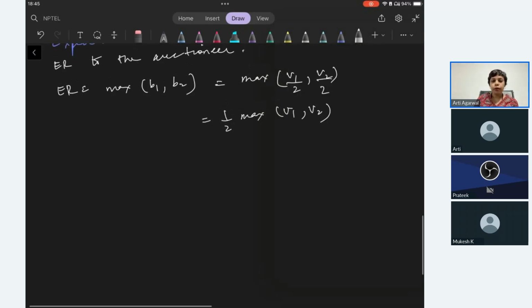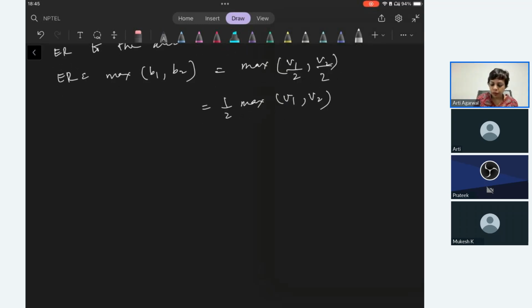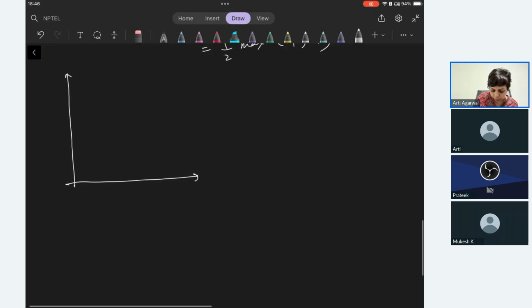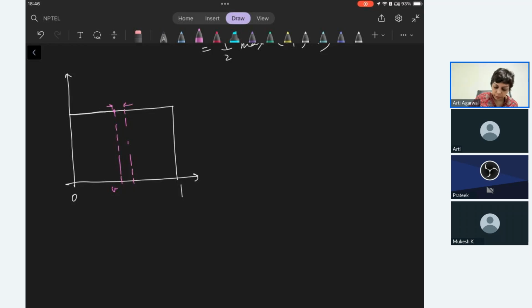Now, what we are trying to do in the next step is generalize this result for both the scenarios where V1 is greater than V2 or V2 is greater than V1. So suppose you have an interval like this. This is 0, this is 1, and this is some V, and this tiny interval is dV.